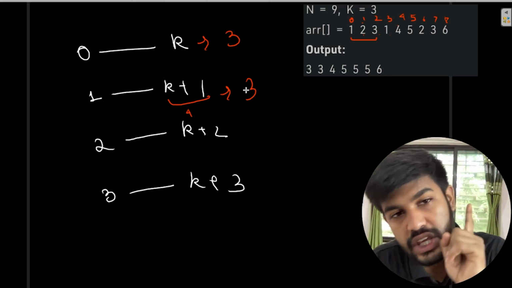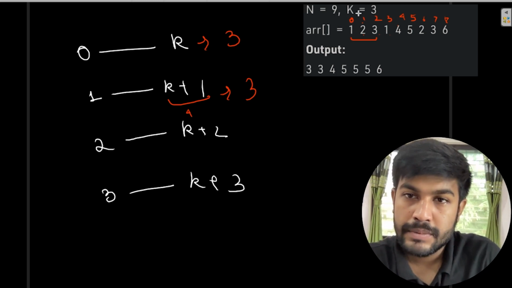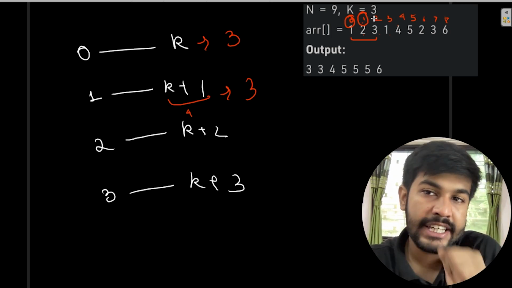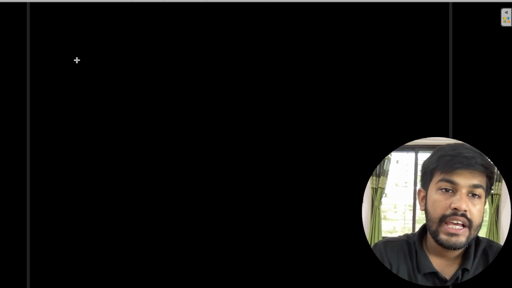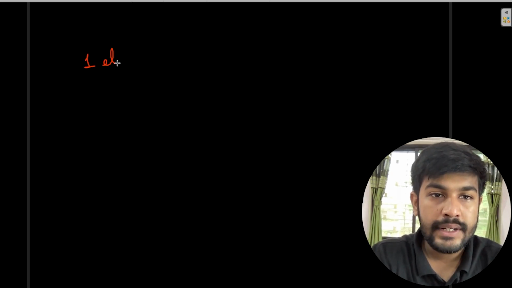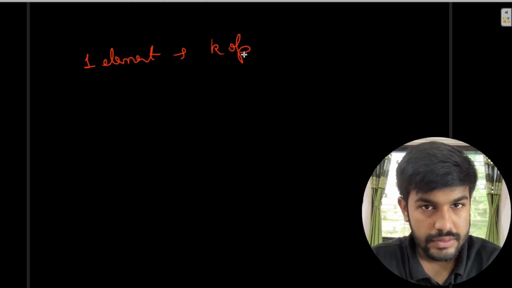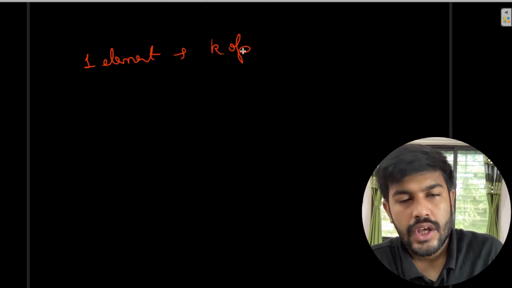So for each index, we are doing k operations. From the 0th index, we are iterating k elements. From index 1, we are iterating k elements. From index 2, we are iterating k elements. So we can say that for one element, we are doing k operations, because finding the maximum is just a matter of constant operations.